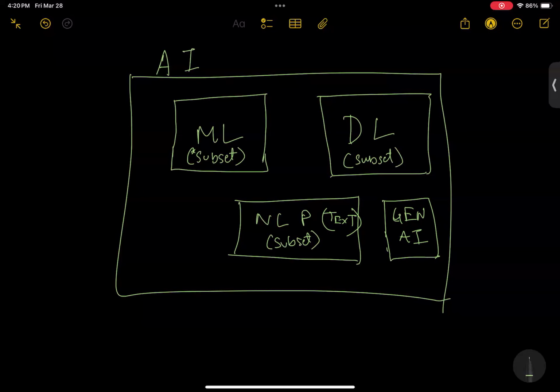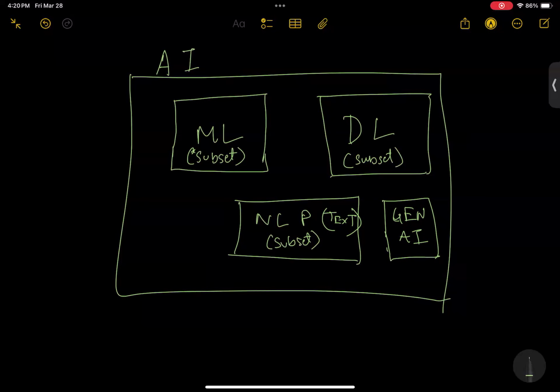But your ML system can give you the prediction of what will be the house price of a particular area, given that you have fed it a lot of house prices and a lot of features of that area. What is the population? What is the general income?